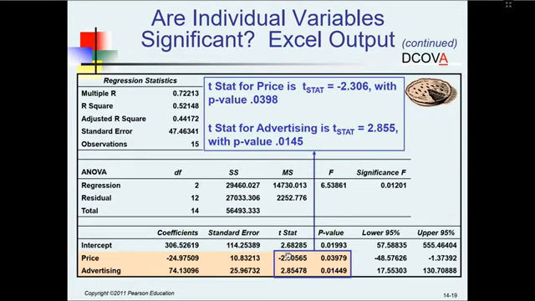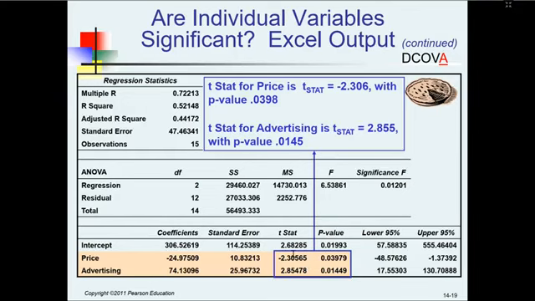And what are the values of the T? For price, what's the value of the T statistic? Negative 2.305. Good. Then the value of T for advertising is 2.85478.